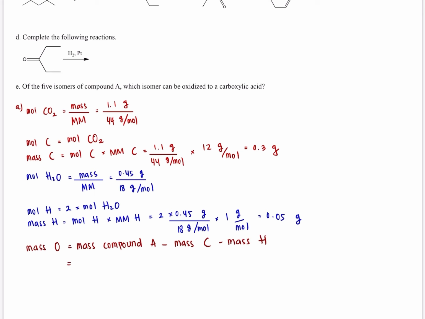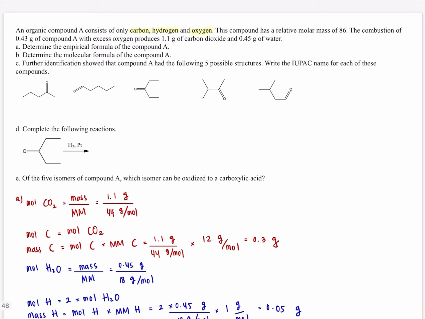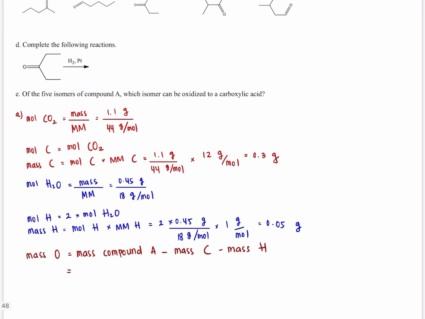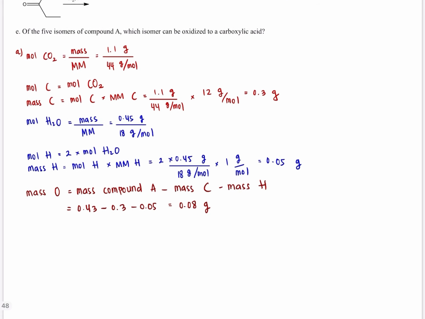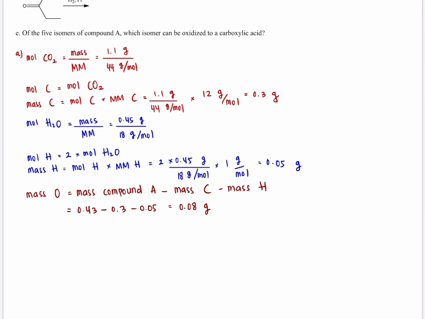The mass of compound A is 0.43 grams. So 0.43 minus the mass of the carbon, which is 0.3, and then the mass of the hydrogen, which is 0.05. So here we have 0.08 grams.